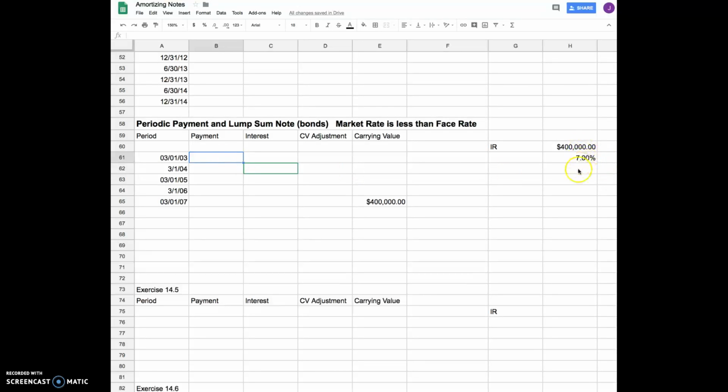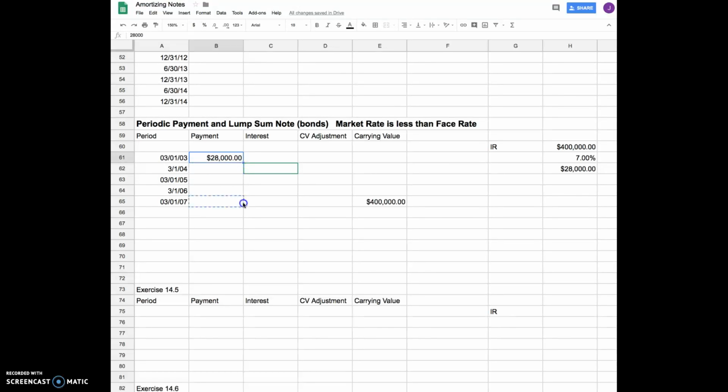So 7% times 400,000. It's a simple formula. Shift 8 times the 7% gives me 28,000. So I know this payment is going to be 28,000 for all 5 years of the bond issue.